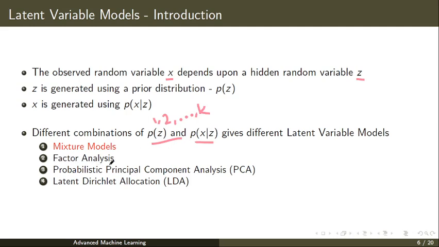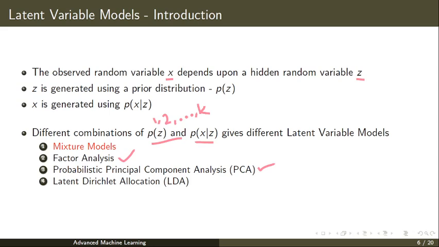If P of Z can take any integer value, then we call it factor analysis. A particular special case of factor analysis is called principal component analysis, and this is something we'll be talking about later in our class.